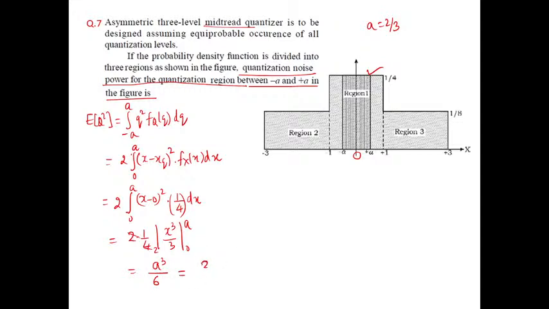So this will be equal to 8 divided by 6 into 3 into 3 into 3. So it will be 27. So this is simply equal to 4 divided by 81. So its answer is 4 divided by 81.